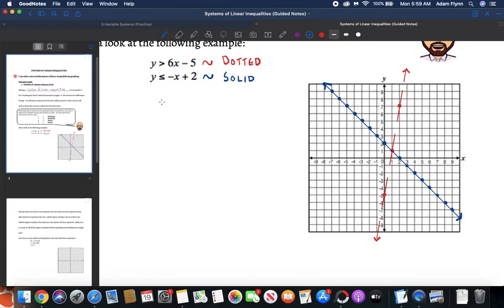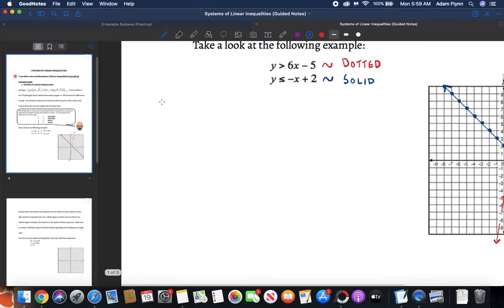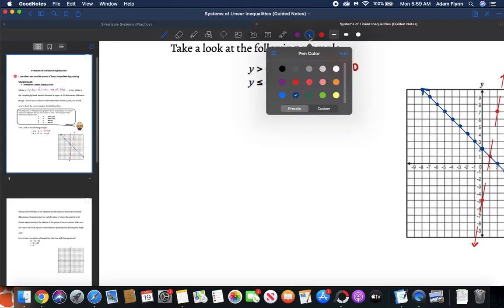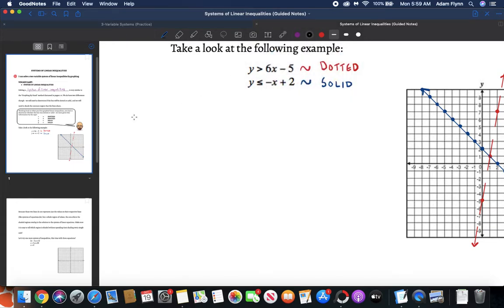So what I need to do is find a test point. A test point is a point that I am going to plug into the top and bottom equation for x and y and evaluate my equation, or my inequality in this case. So what I will do is write test point.